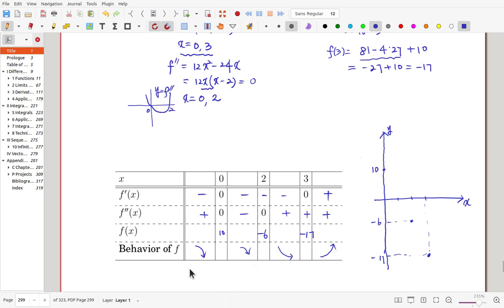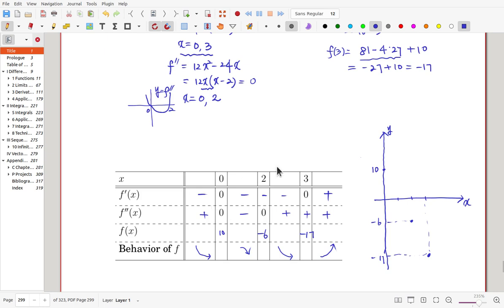So using the eraser, that must be going down but concave up. Sorry about that.